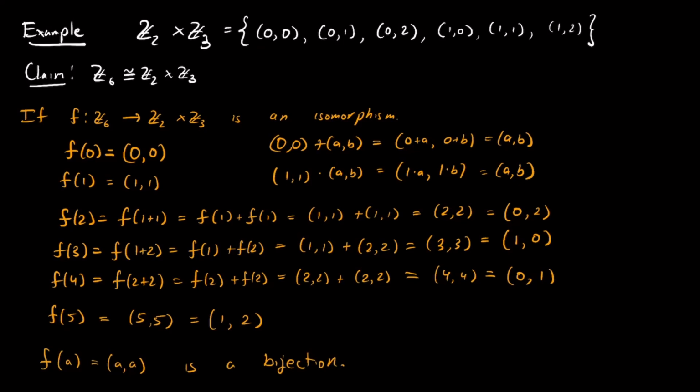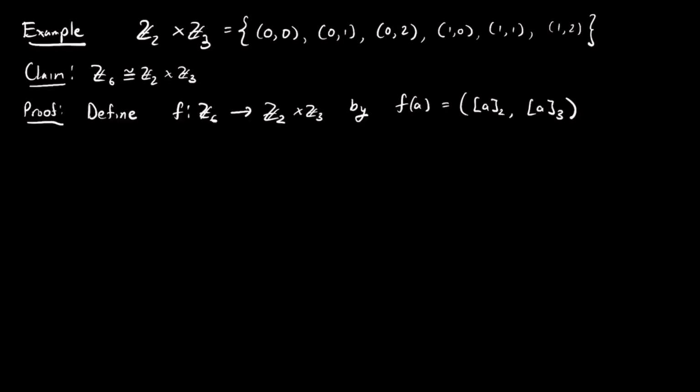Now let's check that this is actually a homomorphism, so that we're actually dealing with an isomorphism here. So our function that we just found from Z6 to Z2 cross Z3, we took a and mapped it to (a, a). And now I'm going to use this equivalence class notation.